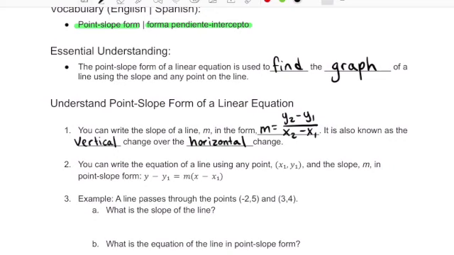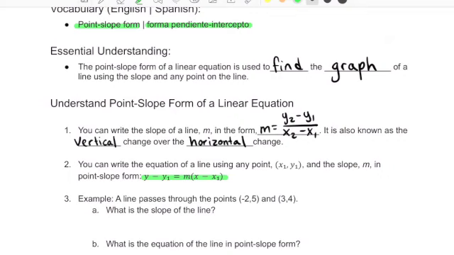You can write the equation of a line using any point, x1, y1, and the slope m in point slope form, and you'll want to memorize this equation and how to use it. y minus y1 equals m parentheses x minus x1.